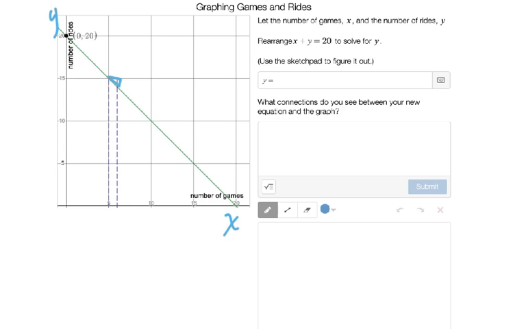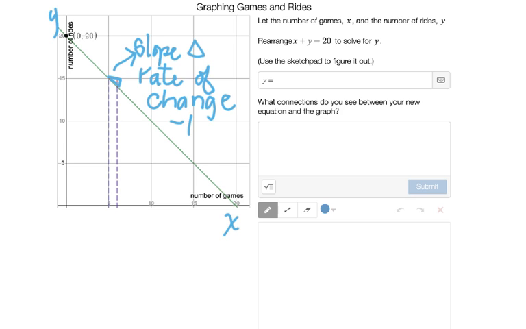This little triangle is called a slope triangle, and I never pointed that out in class. What it does is show the rate of change. And that rate of change is the slope, which we determined to be negative 1. If I look at that little space, that's how much something is changing over time.